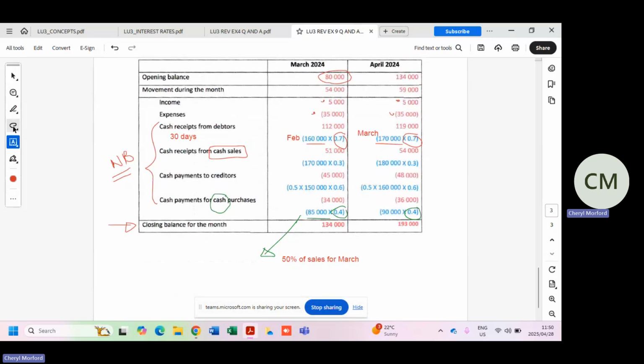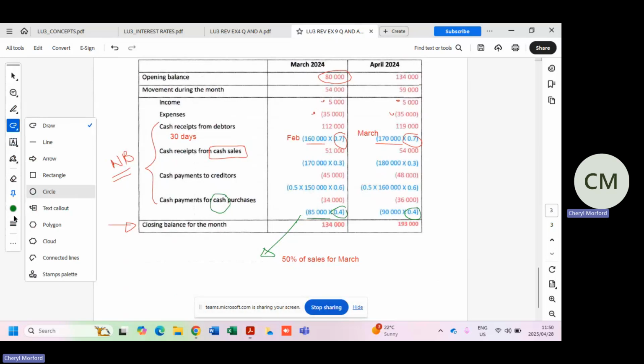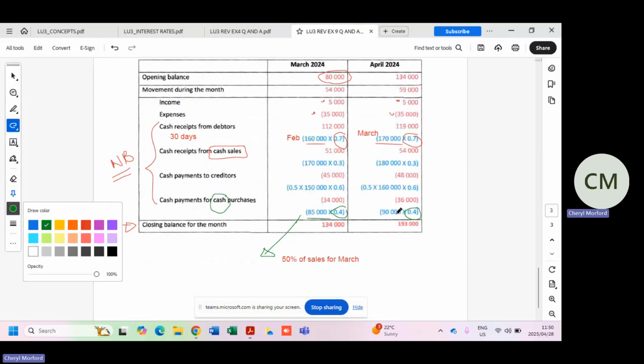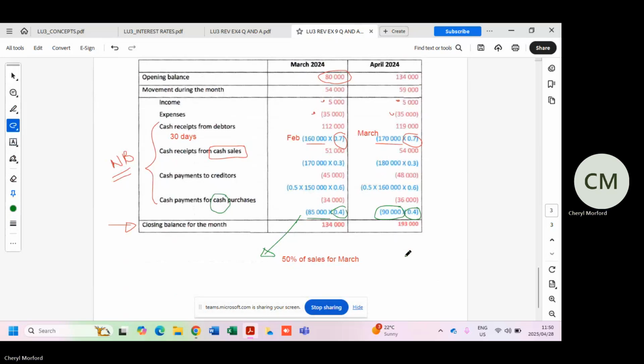Now let's do the same for the other month. So first of all, besides the 40%, where does this come from here? I'm needing to have my purchases. And if you remember, the purchases are going to be the cost of sales. And what's the cost of sales?